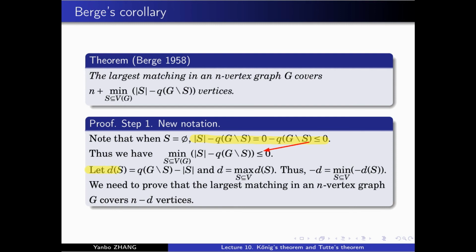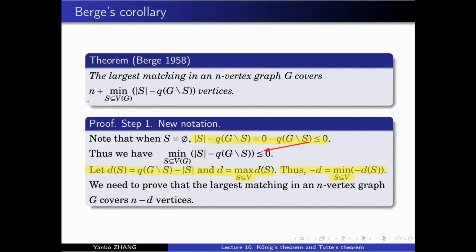We let d(S) equal Q(G minus S) minus the size of S, and d equals the maximum number among all d(S) for S contained in V. D equals the maximum d(S), thus minus d equals the minimum of minus d(S) for all S contained in V. Minus d(S) equals the size of S minus Q(G minus S).